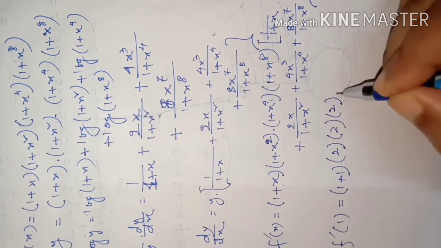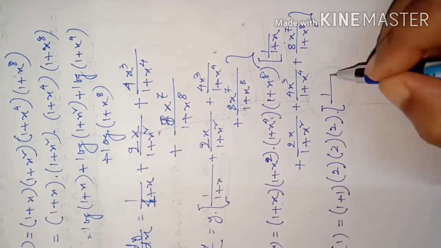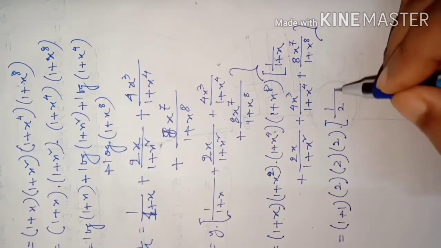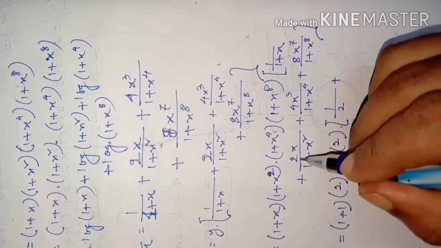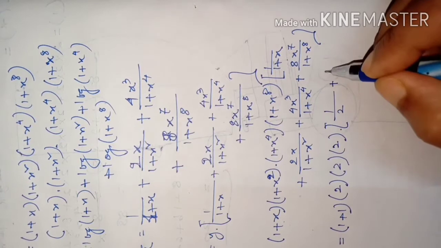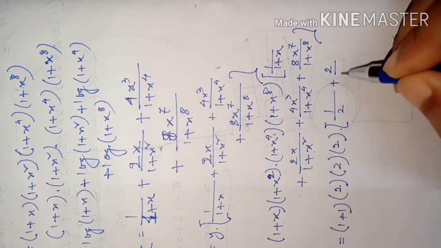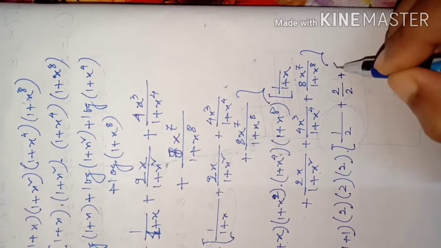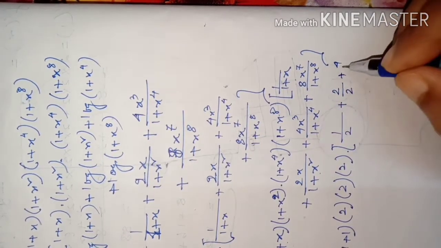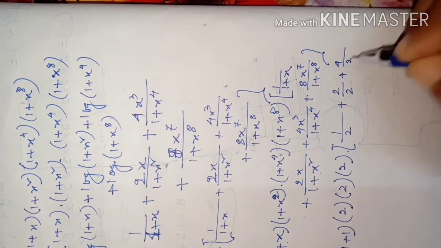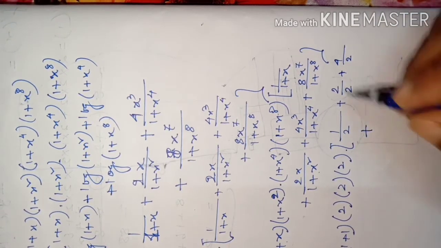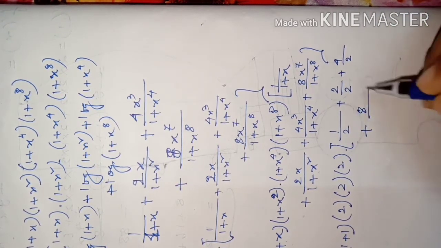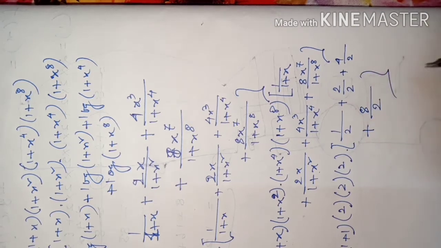So into bracket 1 by 1 plus 1, 2, plus 2 into 1, 2 by 1 plus 1, 2, plus 4 into 1 cube is 1 divided by 1 plus 1, 2, plus 8 divided by 1 plus 1, 2, bracket closed.